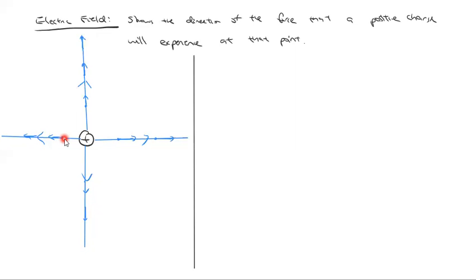And we could do something similar with a negative charge. And if I have a negative charge, what's going to happen if I put a positive charge here? Positive. Yep. Like pull towards the negative charge. Right.